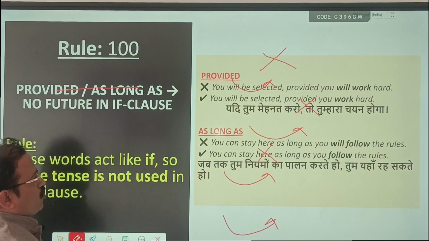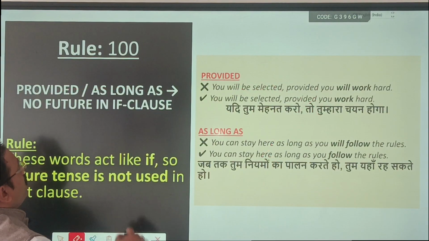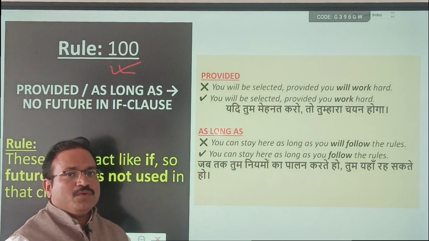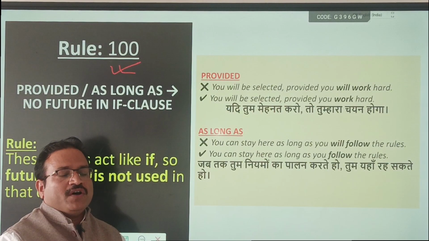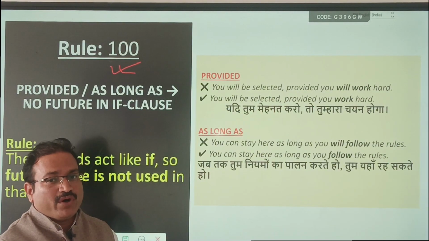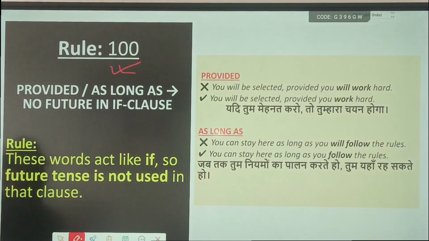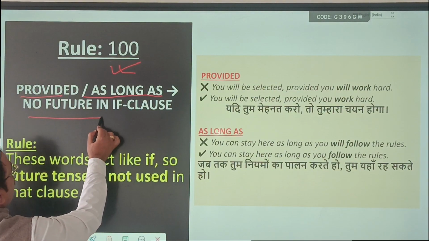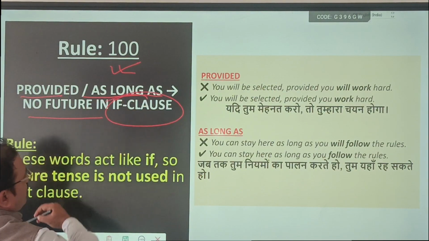And the last rule of the series, with this we will close the series of 100 golden rules of spotting errors. Let us see the last rule: provided and as long as, no future in the if clause.